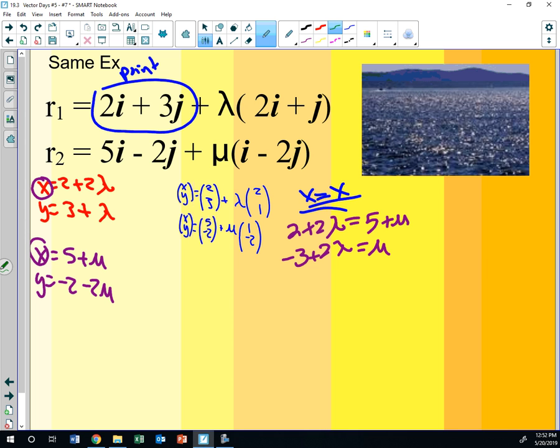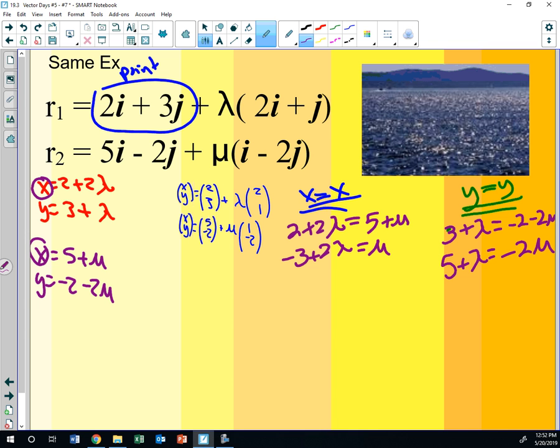The second one is y equal to y, always true. So then we go 3 plus lambda will be equal to negative 2 minus 2 mu. I have to move this 2 over. 5 plus lambda equals negative 2 mu.